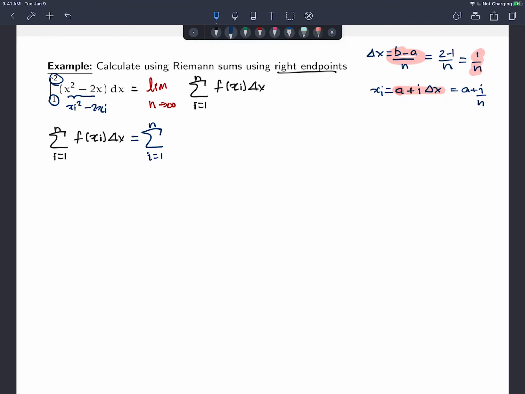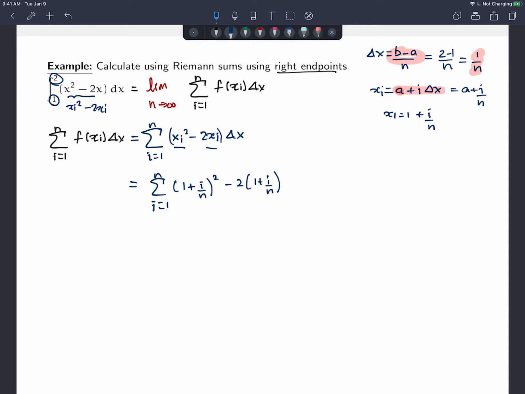So my xi is 1 plus i over n. When I plug it in here, I get xi squared minus 2xi, then times the delta x. This is going to become the sum from i equals 1 up to n of 1 plus i over n, quantity squared, that's for this term, and then minus 2 times 1 plus i over n, that's for this term.